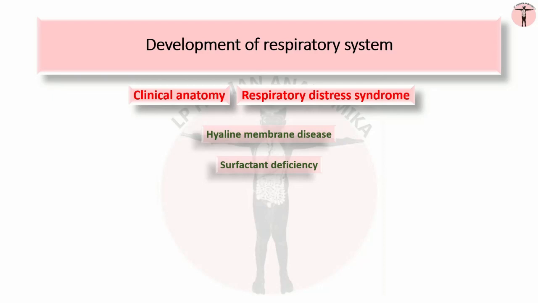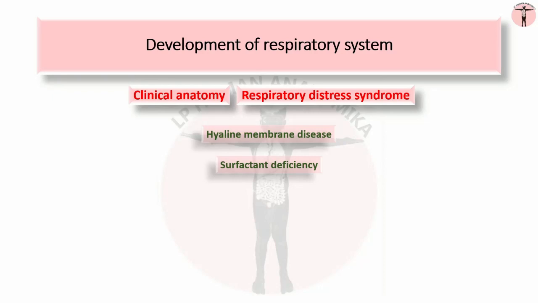Surfactant deficiency is a major cause of this syndrome. The lungs are underinflated and the alveoli contain fluid with high protein content called hyaline membrane. This membrane is believed to be derived from a combination of substances in the circulation and from the injured pulmonary epithelium.